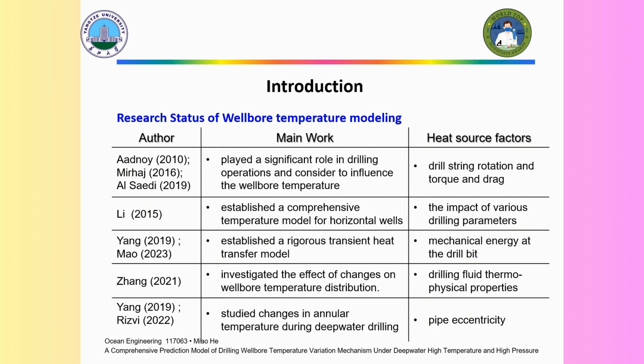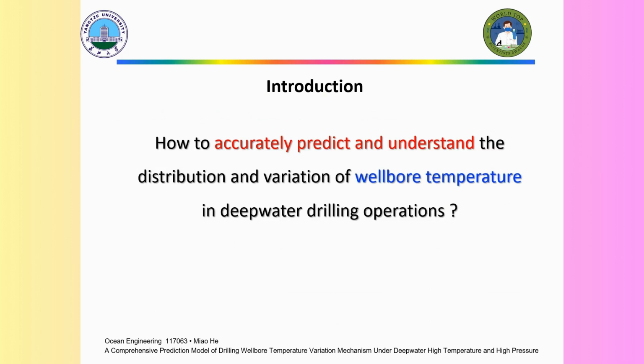Yang 2019 and Miao 2023 established a rigorous transient heat transfer model including mechanical energy at the drill bit. Zhang 2021 investigated the effect of changes in drilling fluid thermophysical properties on wellbore temperature distribution. Yang 2019 and RISFEED 2020 studied changes in annular temperature during deepwater drilling with pipe eccentricity.